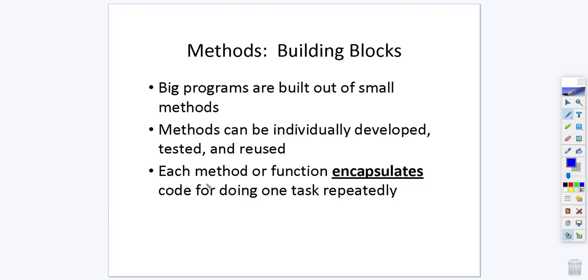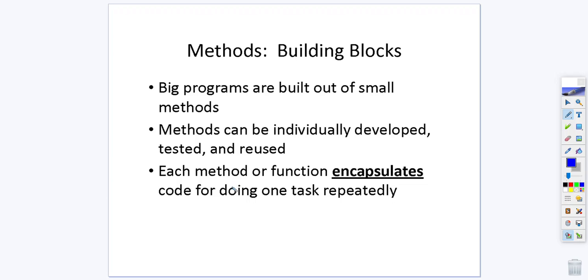One important thing that connects back to a real good feature of it is that every method or function is going to encapsulate the code for doing one task repeatedly. And when it's encapsulated, users who want to use the method in their own programs don't have to know the details.